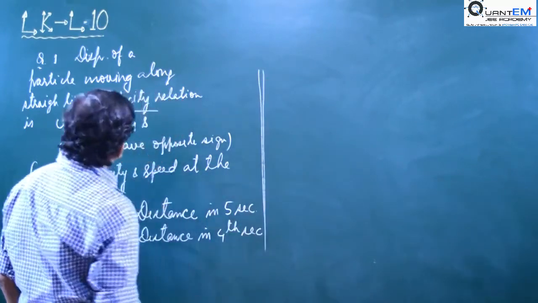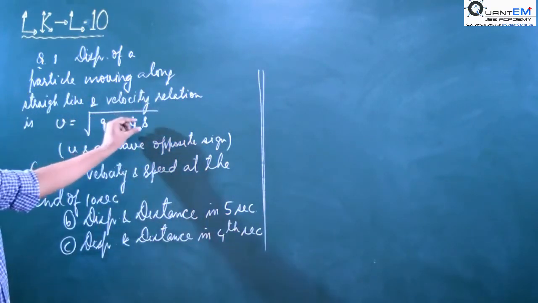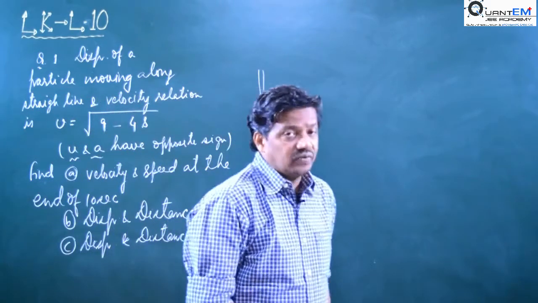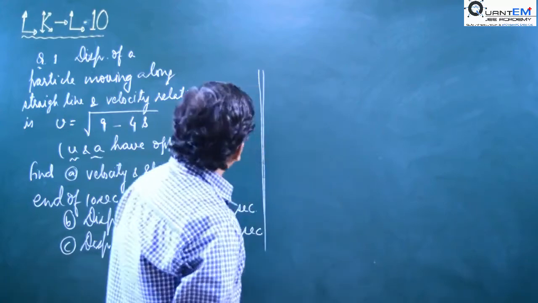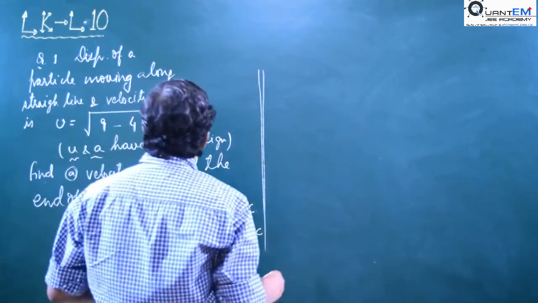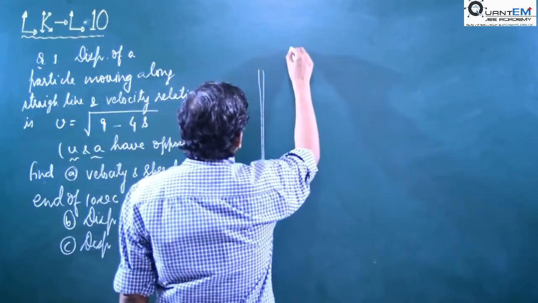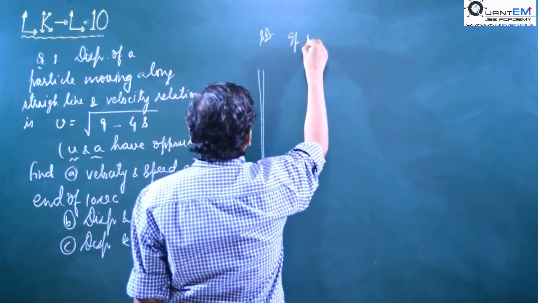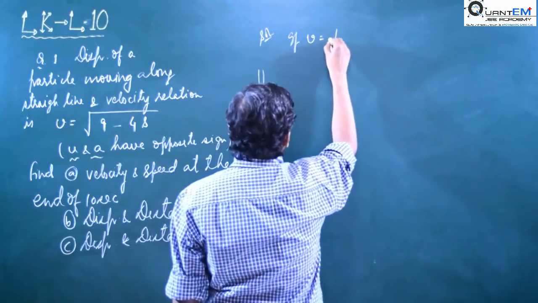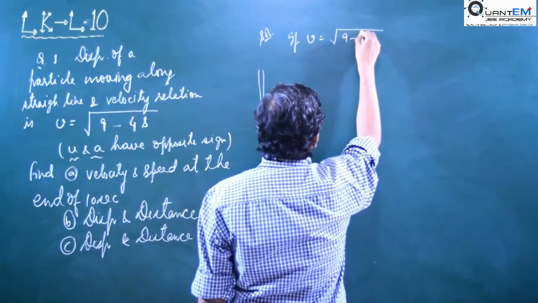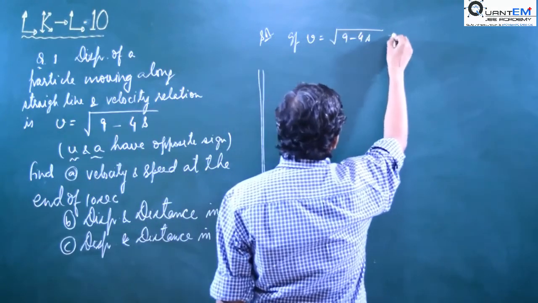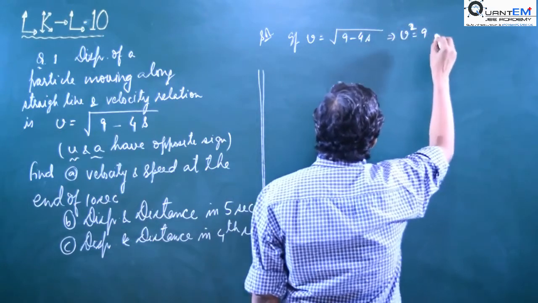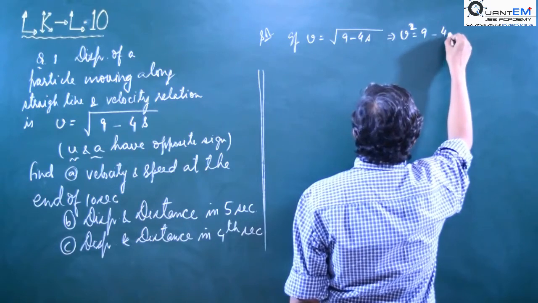So this expression is based on velocity and what? The displacement. And for velocity and displacement, we have one kinematical equation, that is V square is equal to U square plus 2as. So if we come to the solution, V is equal to root of 9 minus 4s, it implies that V square is equal to 9 minus 4s.